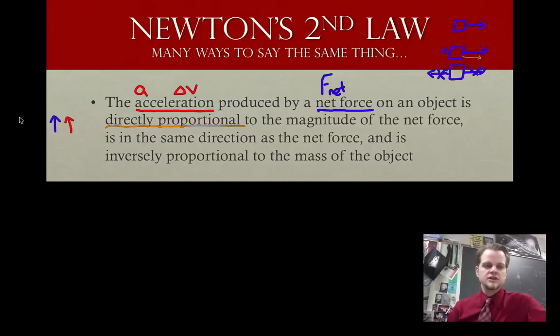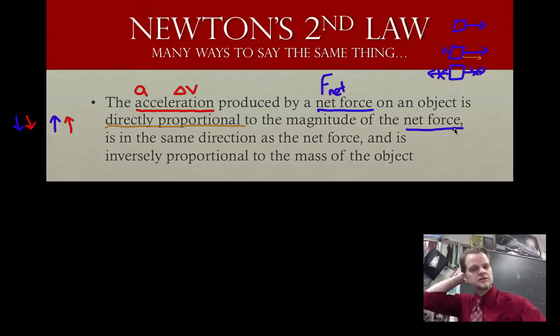If the net force gets smaller, the acceleration gets smaller by the same amount. So if you double the force, you double the acceleration. If you halve the force, you halve the acceleration. If you multiply the force by 10, you accelerate it 10 times faster. Again, that's the magnitude of the net force.